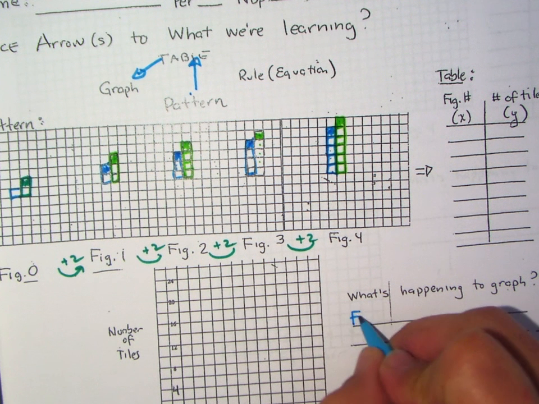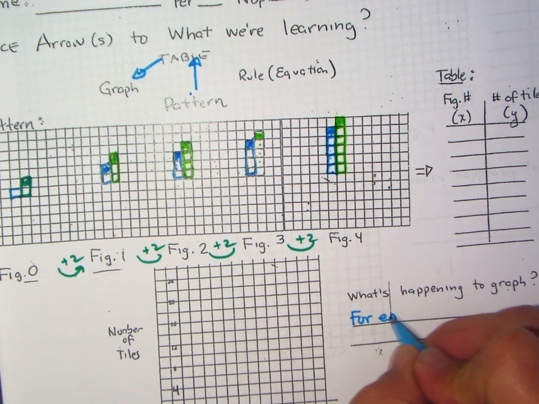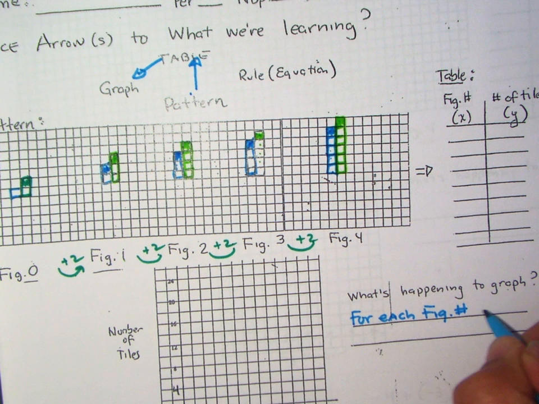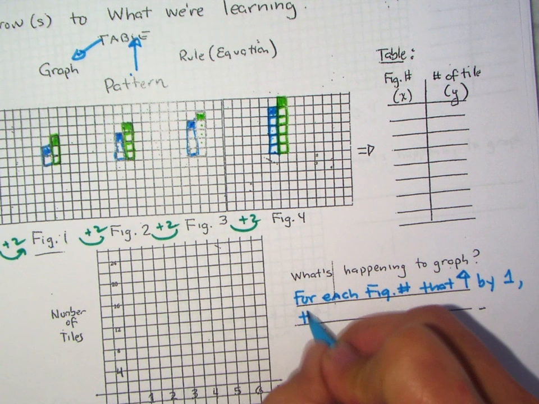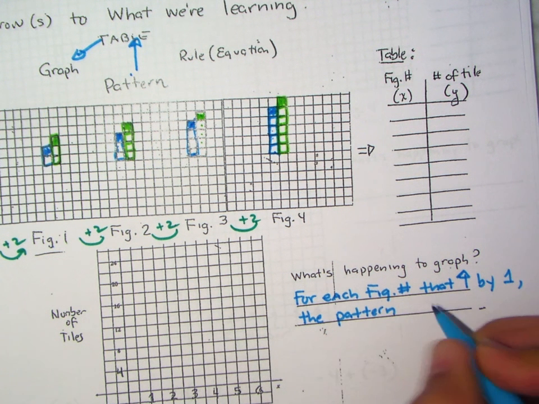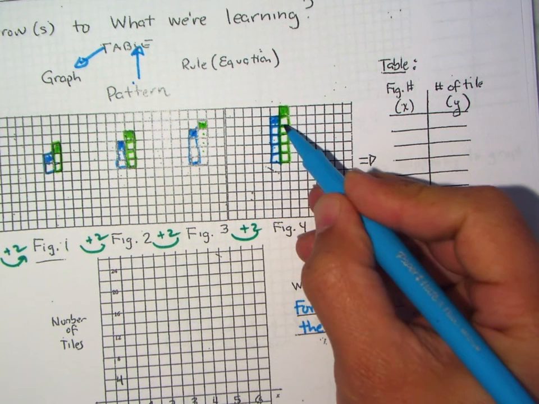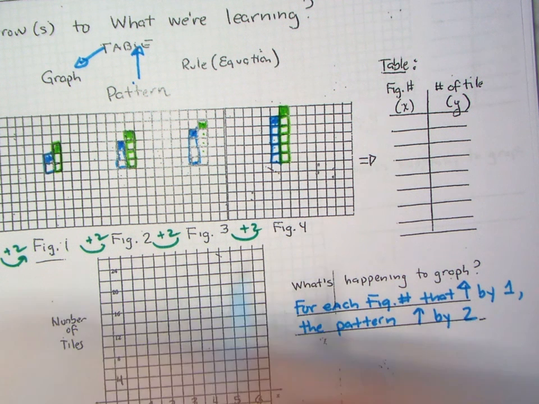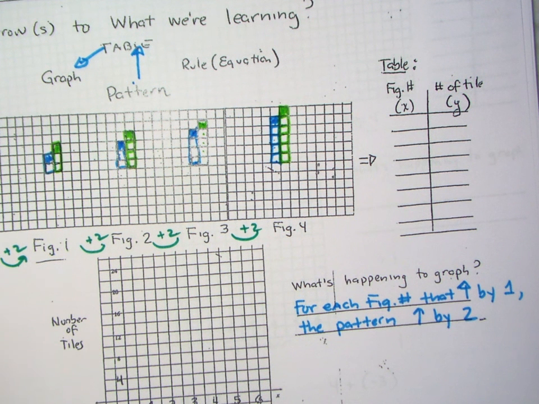So for each figure number that increases by 1, what happens to the pattern? It increases by what? How many did we shade? We shaded all together 2. So by 2. Yes.